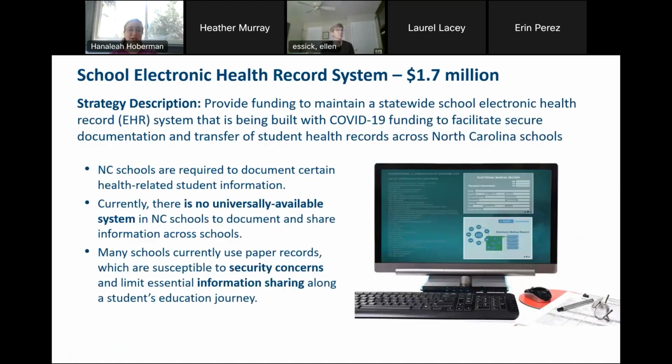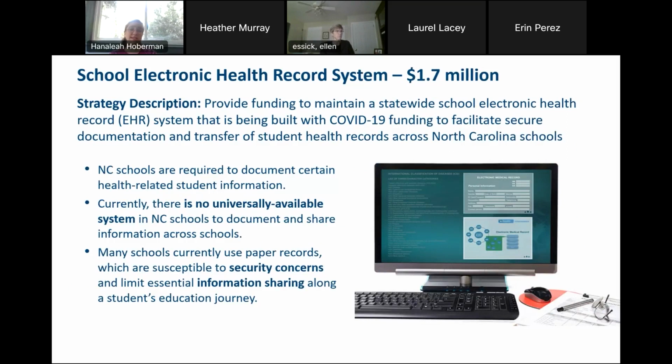So the first strategy is our school electronic health record system. We currently in the state of North Carolina do not have one universal system that's available to all schools that allows them to document and share student health information across schools. Our schools are in vastly different places across the state with how they record student health information.